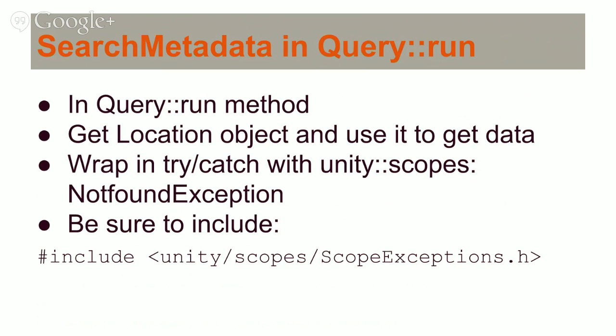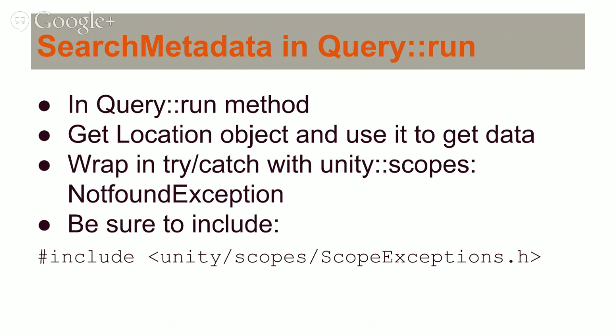Okay, so in the query run method, you can use the search metadata object to get the location object, and then use that to get the data. Now it's important that you do this wrapped inside a TryCatch expression, so that you catch the not found exception. It's possible that when you try to get the location object, it'll throw an exception.